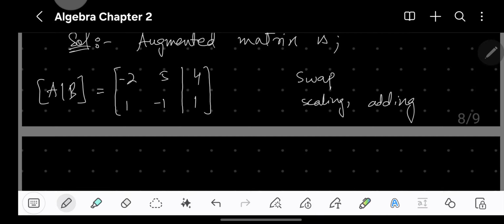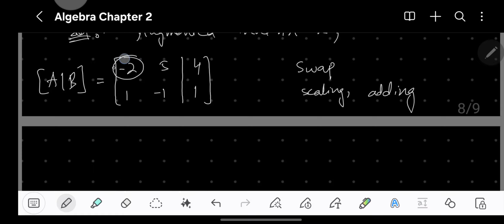So now I can swap these 2 rows. If I swap these 2 rows, this one will go to the top position and this -2 will go here. So my aim is to make here 1. Okay. In these kinds of questions, I will make here 1 and then everything below 0.